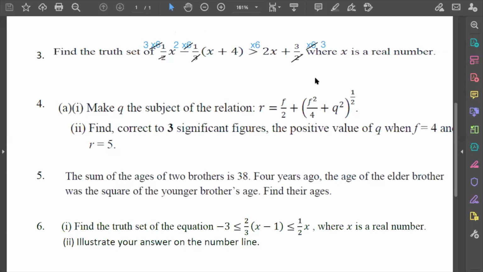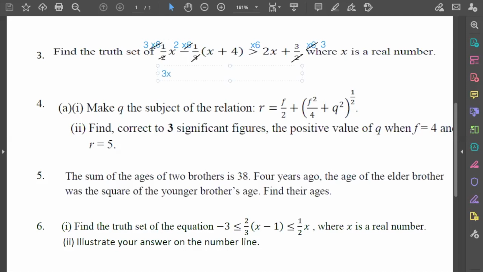Good. Now the next step is to do the multiplication. So here, 3 times x, or let's say 3 times 1. What do you have? 3. Good. 3 times the x. What do we have? 3x. So here I have 3x.